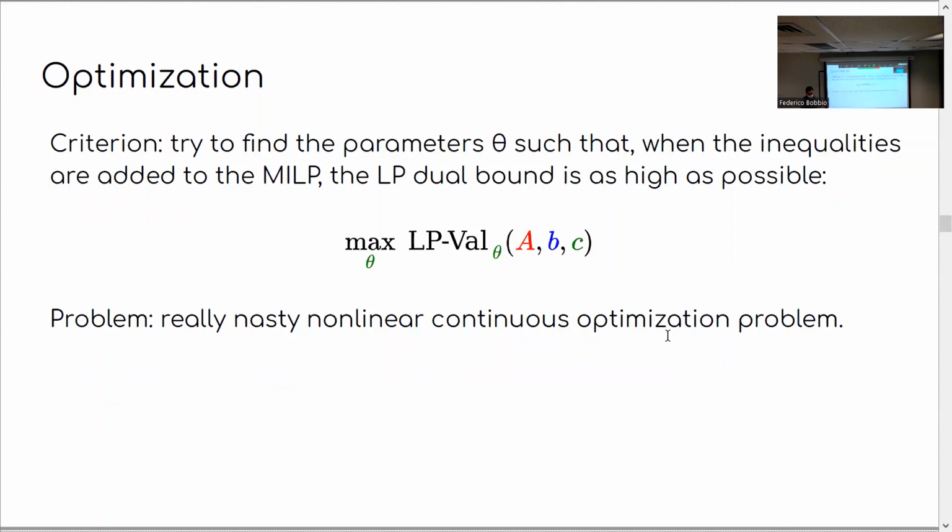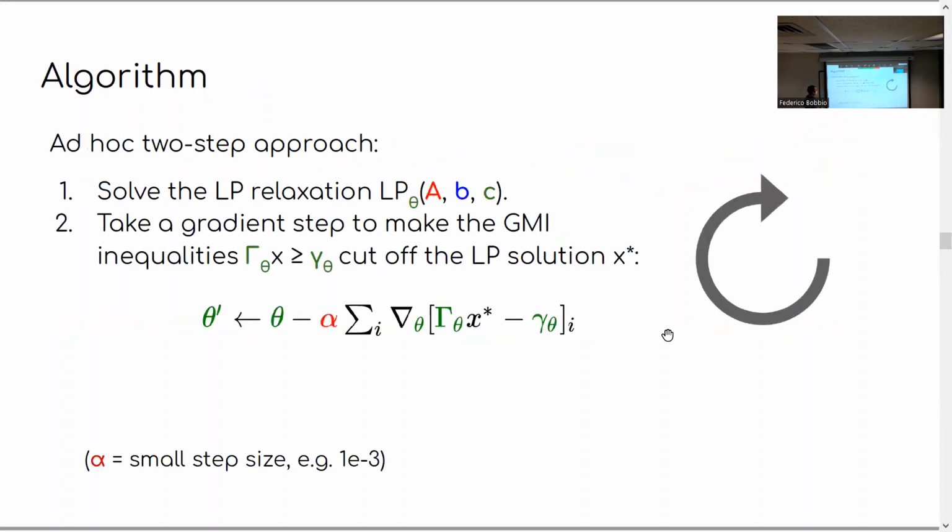There are literally no constraints on the parameters. You have a bunch of continuous parameters, and your goal is to optimize some objective, which is the dual bound that you get after adding those cuts in. The problem is that it's a really nasty nonlinear continuous optimization problem. The objective is not even continuous. It's really nasty.